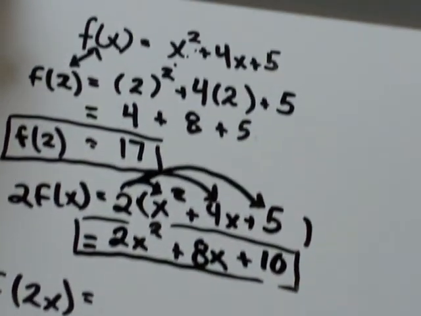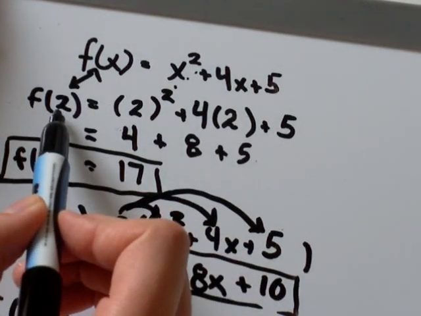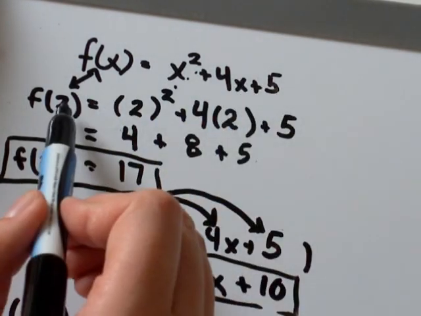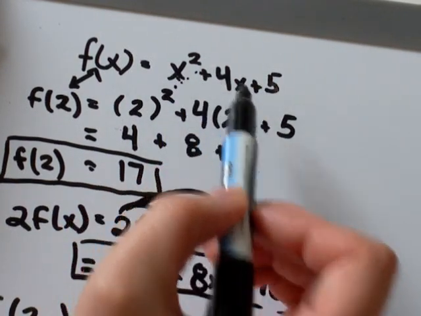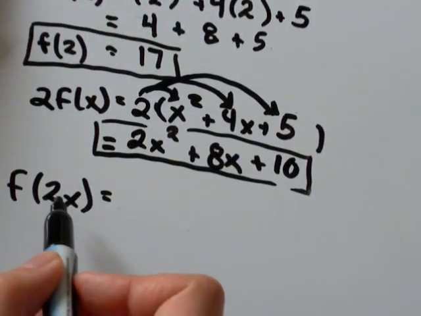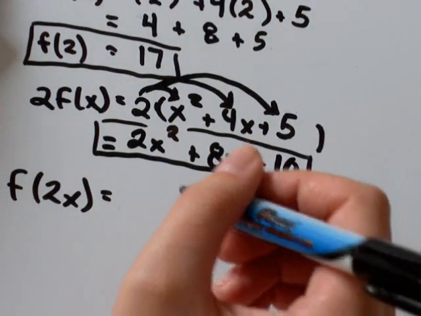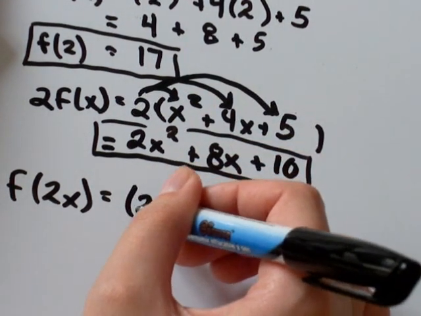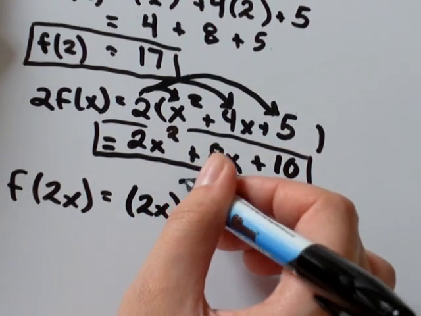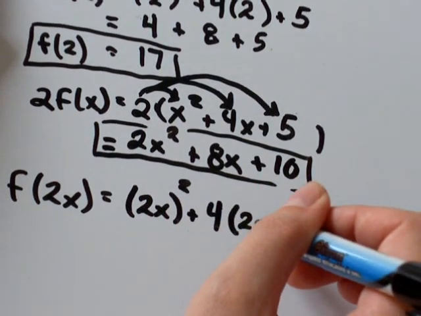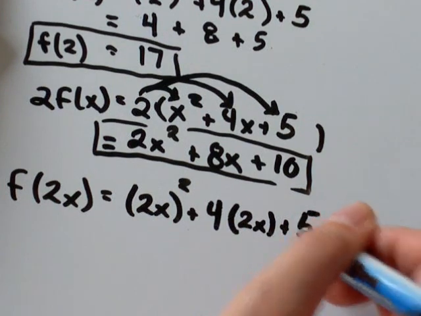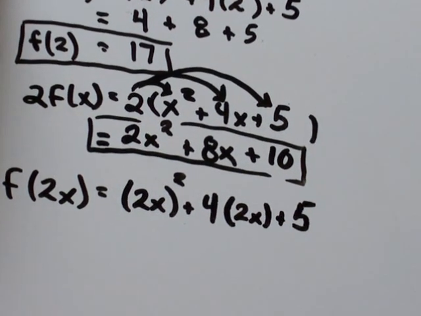So, just like before, when we had something in brackets, every x you see, replace it. This time we're going to replace that x and that x with 2x. So we had x squared, now it's going to be 2x squared plus 4x, x is now 2x, and 5 doesn't have an x in it, so it just comes along with us.